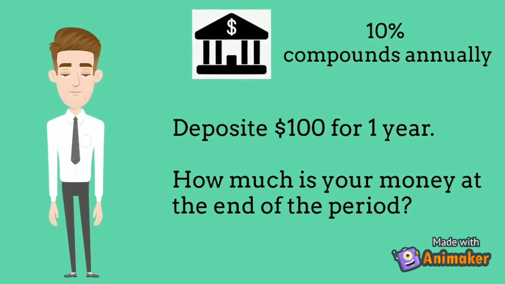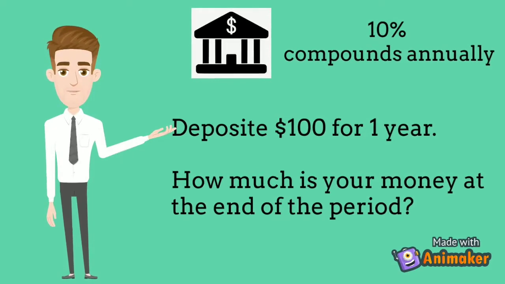Let's say I'm running some type of a bank and I tell you that I'm offering 10% interest that compounds annually. That's usually not the case in the real bank. You will probably compound continuously, but I'm just going to keep it a simple example, compounding annually. And then, how much is your money at the end of the period?